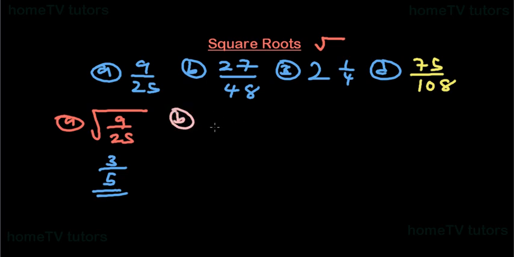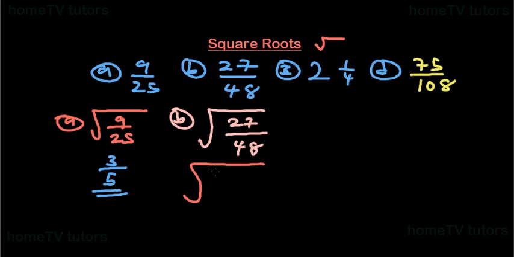The next question is the square root of 27 over 48. 27 is not a perfect square, okay? So you need to break this down this time around. So we'll have 27, that is 9 times 3, okay?